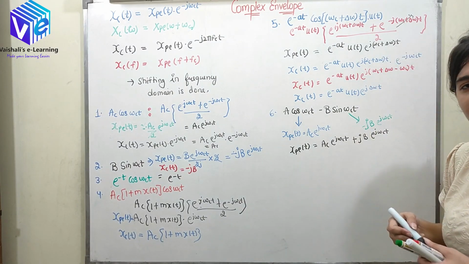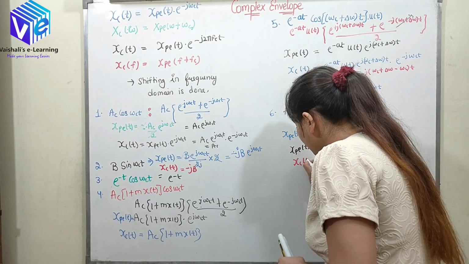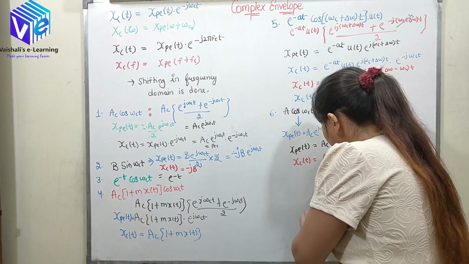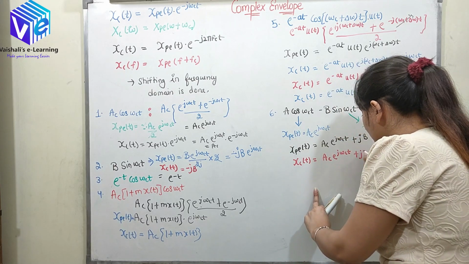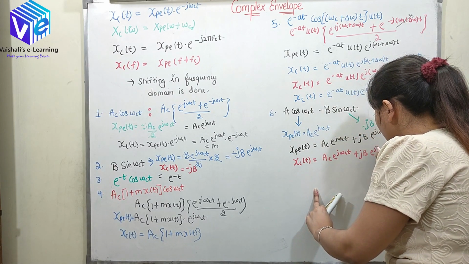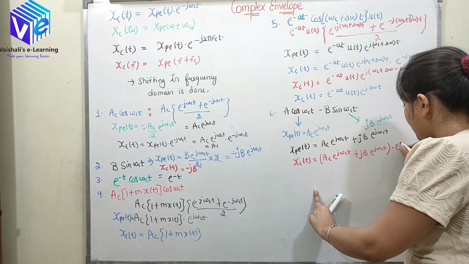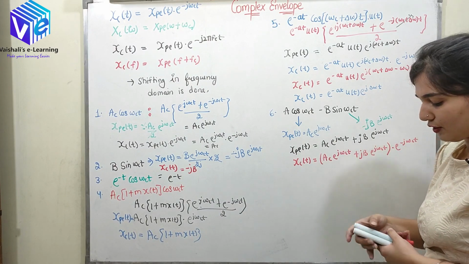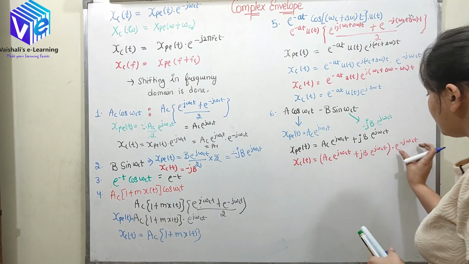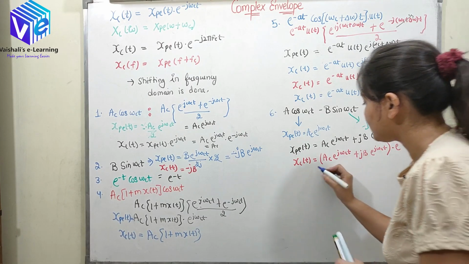So now again I need to find out the complex envelope. So x_c(t) would be equal to [A_c e^{jω_c t} + jb e^{jω_c t}], which is multiplied by e^{-jω_c t}. So this is how I can find out the complex envelope. So now this e is multiplied by this term as well as this e is multiplied by this term.